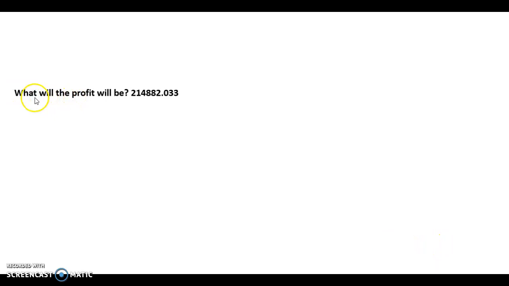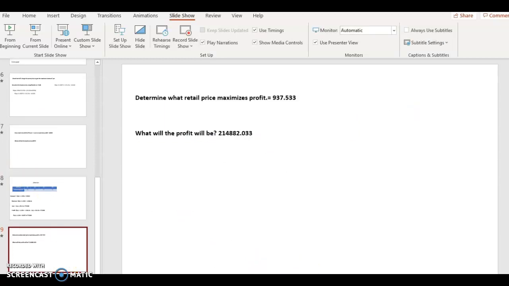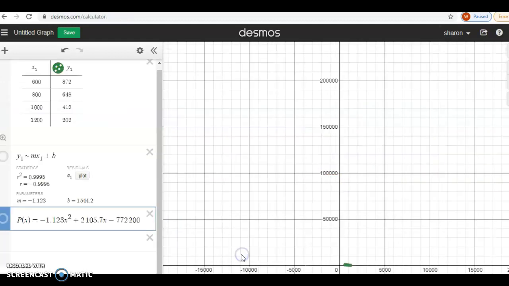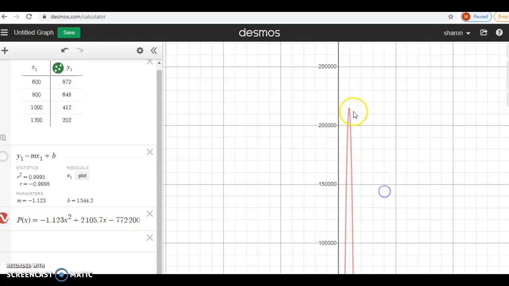And so the profit would be $214,882.33. And the reason why we say that is if you look at the graph, when we plug in the profit equation, this is what comes up.